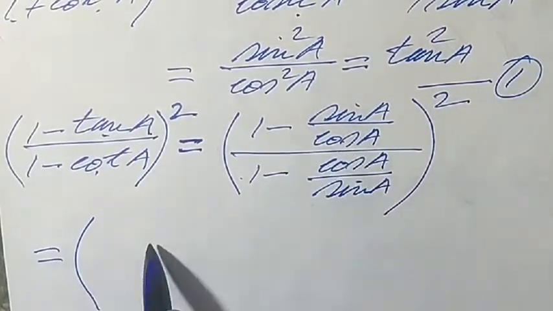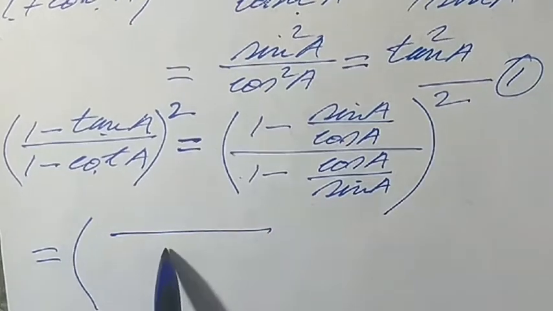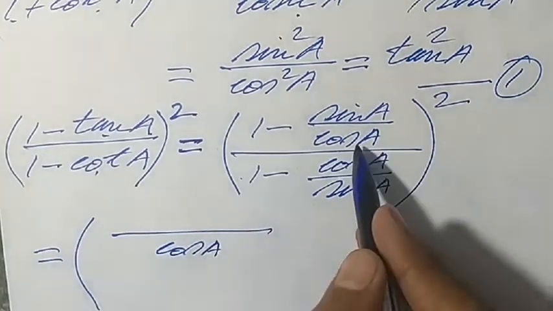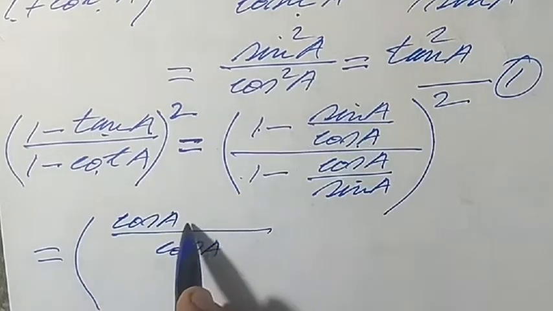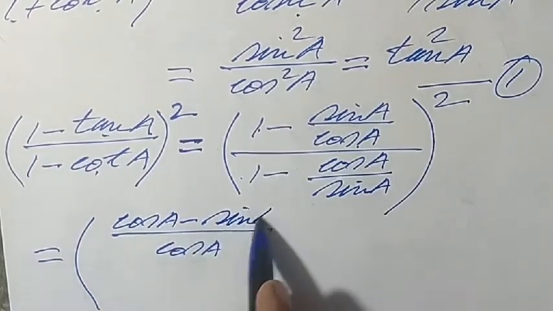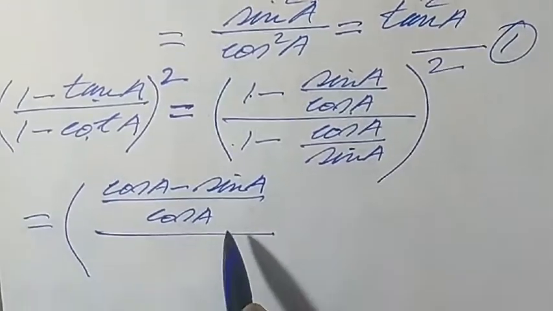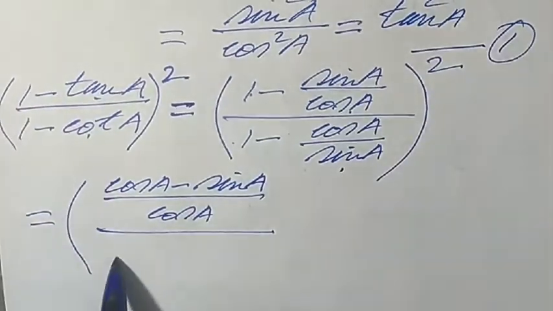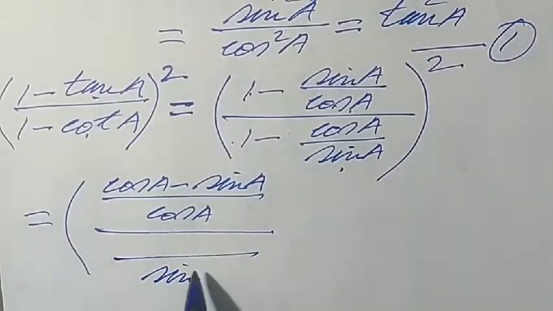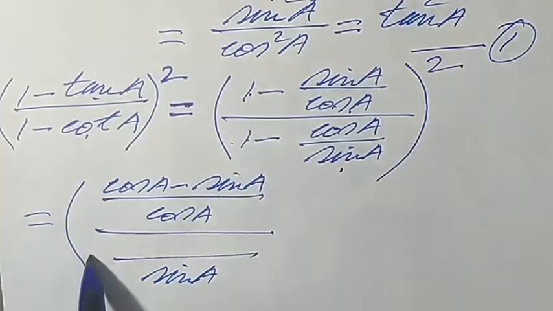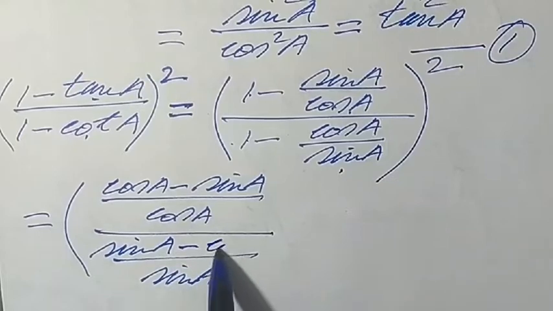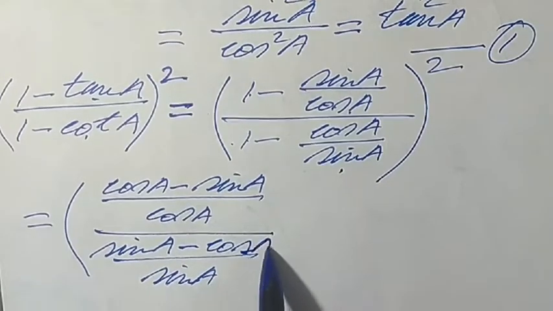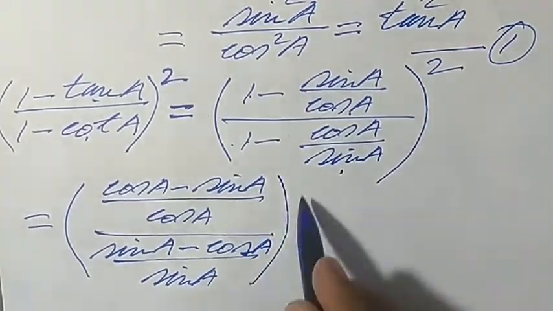Now in numerator within the bracket we may take cos A LCM, and in numerator we have cos A minus sin A, divided by, in denominator we may take sin A LCM, having in numerator sin A minus cos A, whole square.